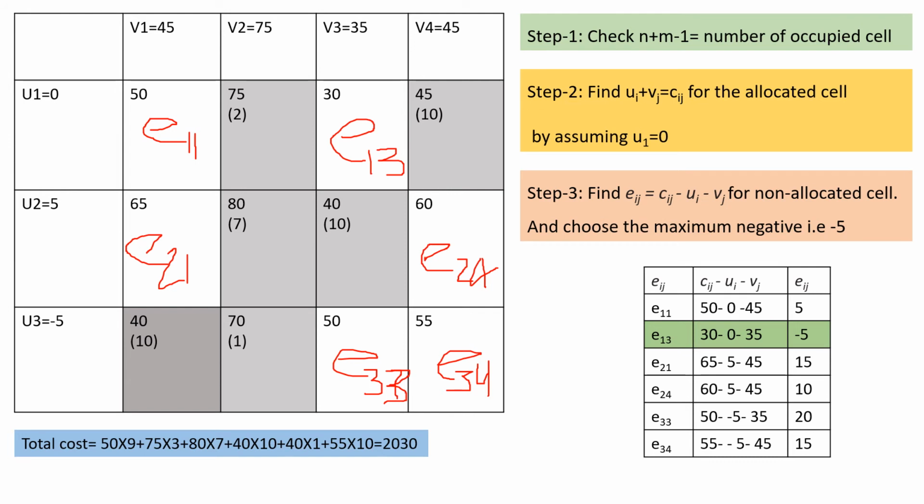So we have to calculate these cells' values of eij. When we calculate the values, we get this, and the most negative value is only -5, and the corresponding cell is E13. This one is our initial point, and using this as an initial point, we have to draw a loop.